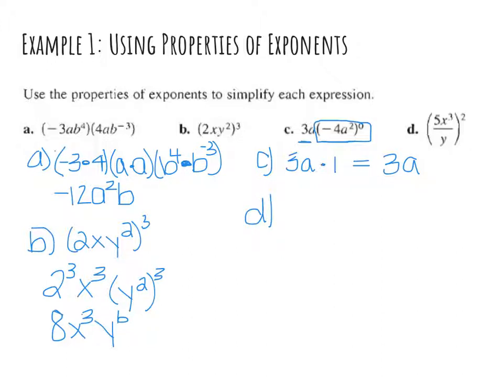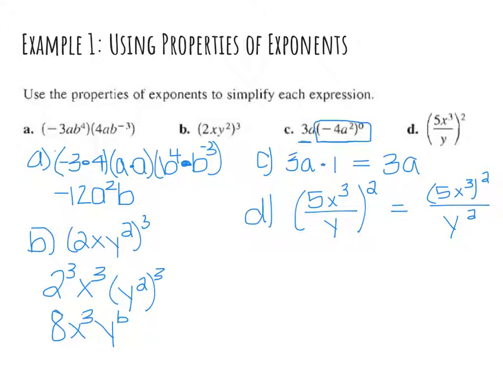Finally, we have example D, where we have 5x cubed over y, and that whole quantity is being squared. This is the same as saying 5x cubed squared over y squared.